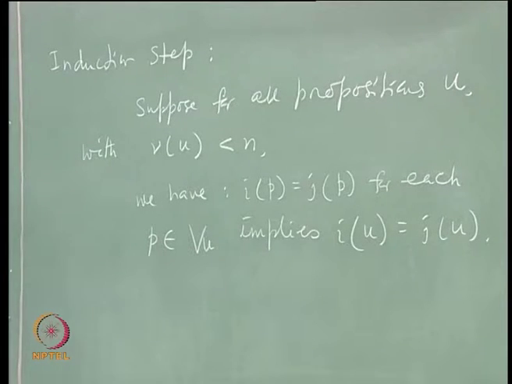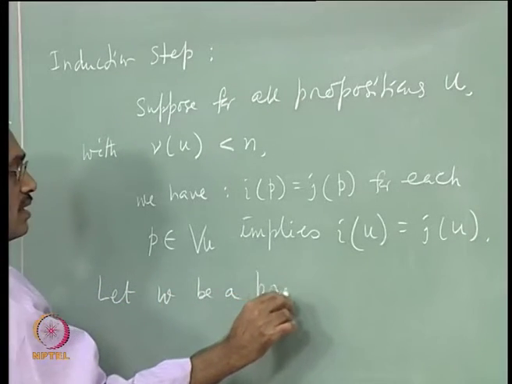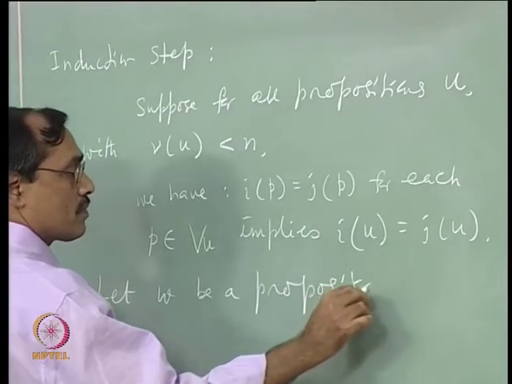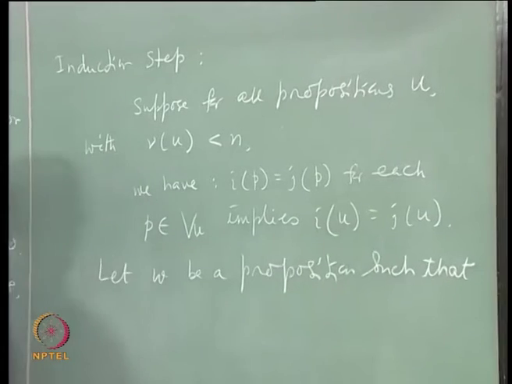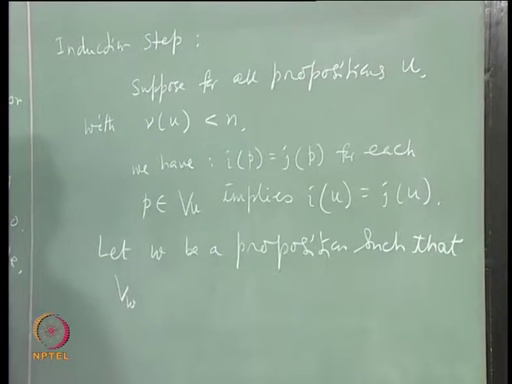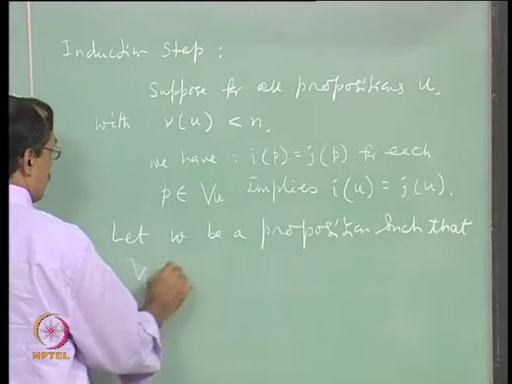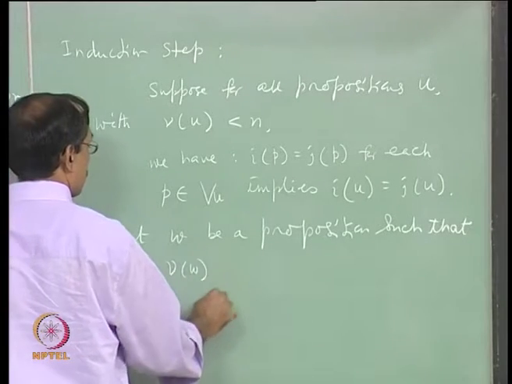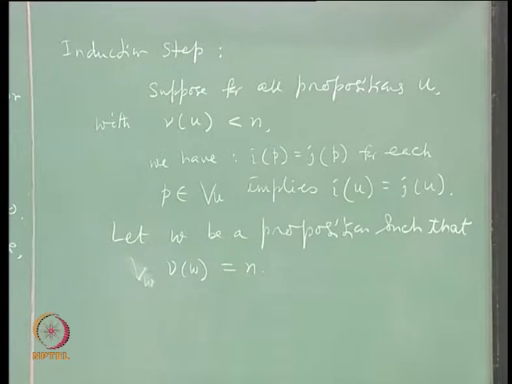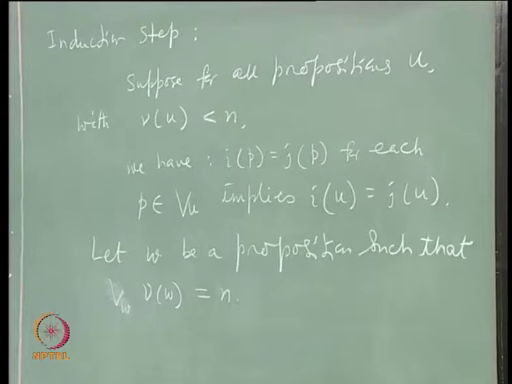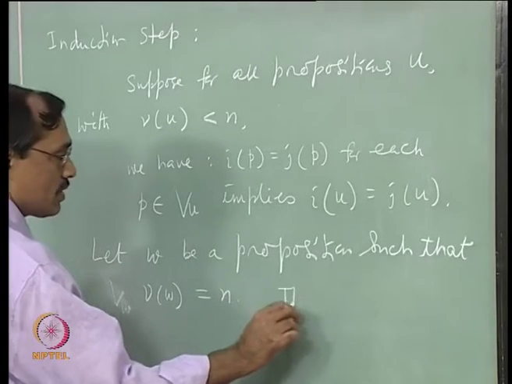Then we start with, let w be a proposition such that, well, we need really for nu of w is equal to n. Fine. Number of occurrences of connectives in w is n. Then how to write w?